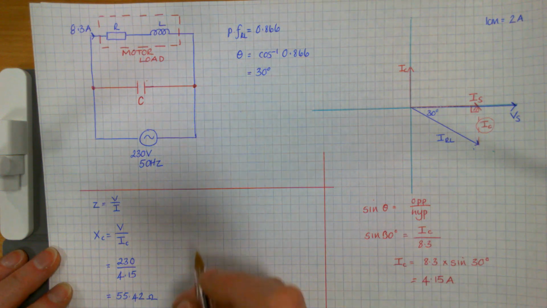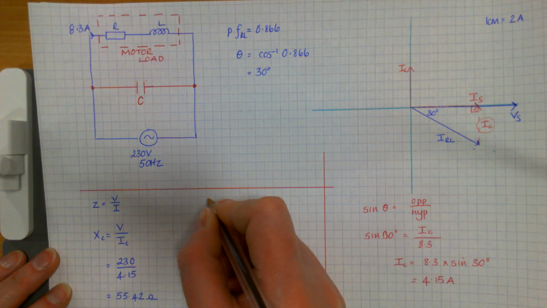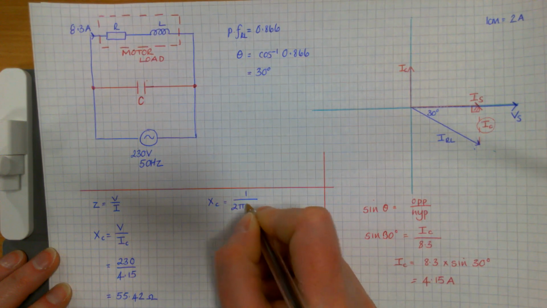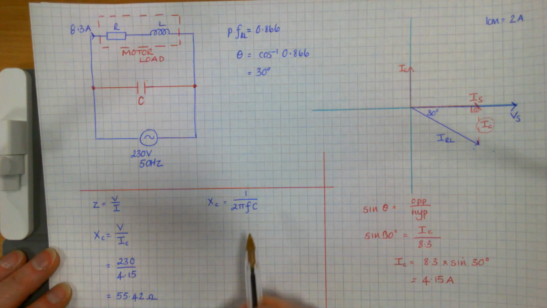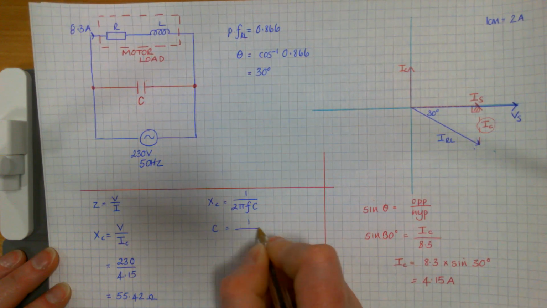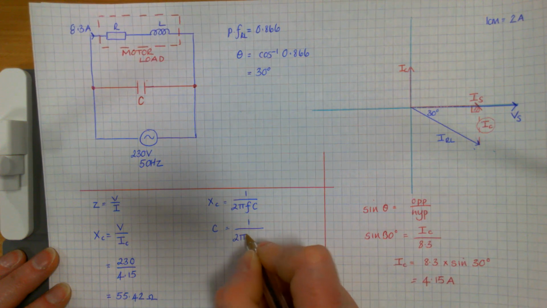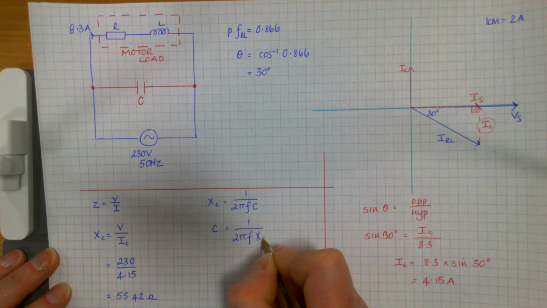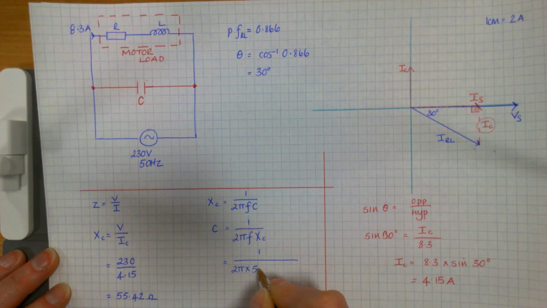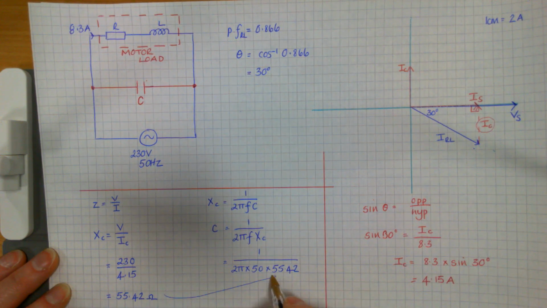And then from that, I know that XC equals 1 over 2 pi FC, and I can transpose that to make C the subject. That gives me this formula. So it becomes 1 over 2 pi times 50 times our 55.42 that we just worked out over there. That's where that's come from.